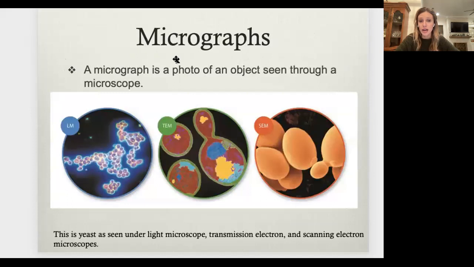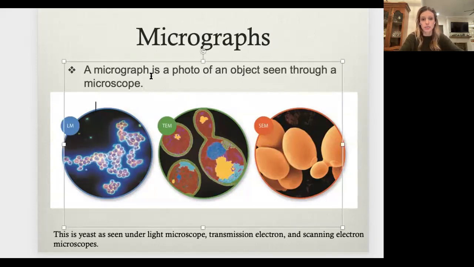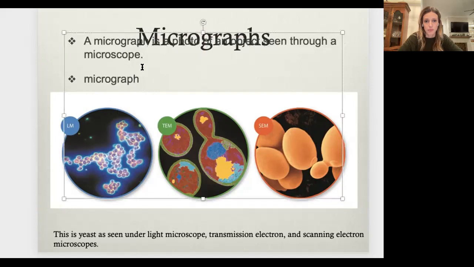Okay, micrographs. Micrographs are a photo of an object seen through a microscope. You can write this bullet point, or you can say micrograph equals picture of image through microscope.